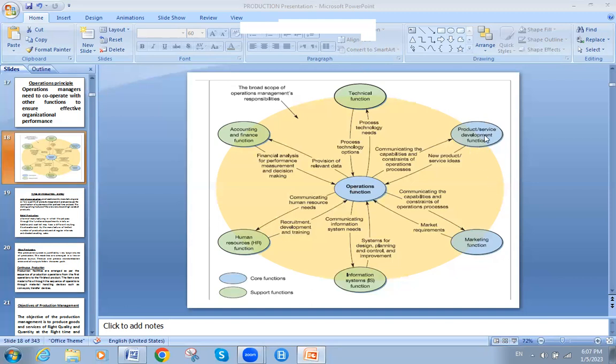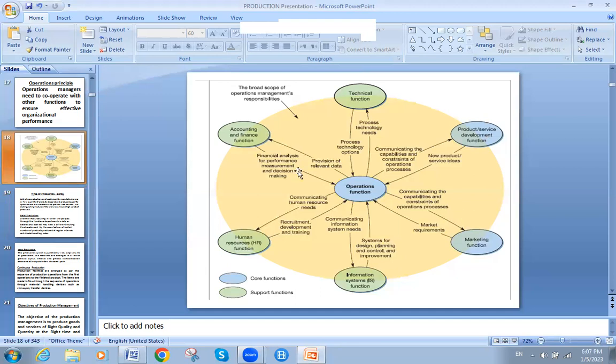And product and service development is one of the main topics of the production department because it's built on the continuous improvement in the product quality, functions, and duties of the product. So this is the core task of the operation department as well.